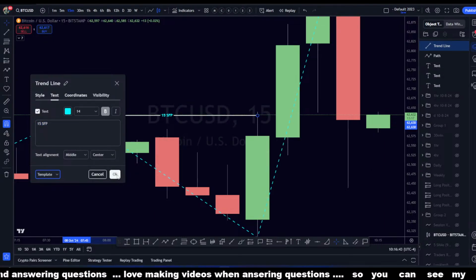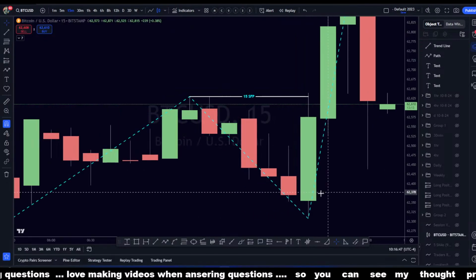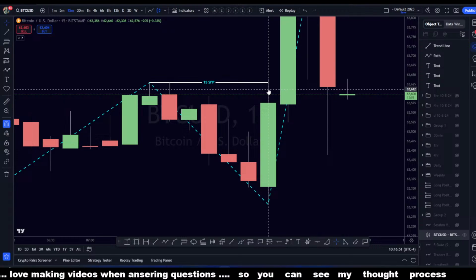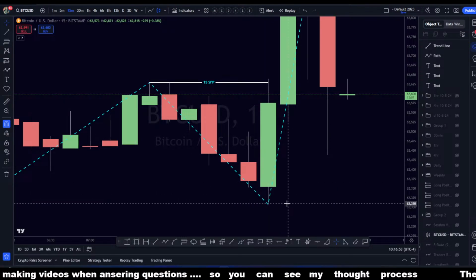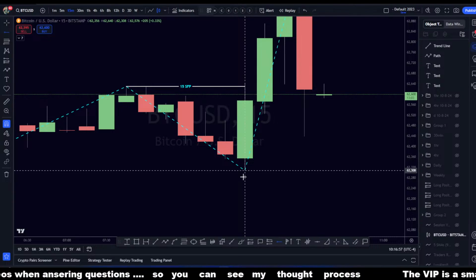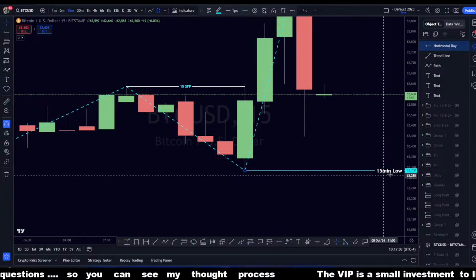Okay, so what this is telling me is that this low right here, because this is a wick, this is selling pressure. Instead of this being a strong low, this is now a weak low. So we come over here, go to 15 minute time frame low, but I'm going to change this in just a moment.